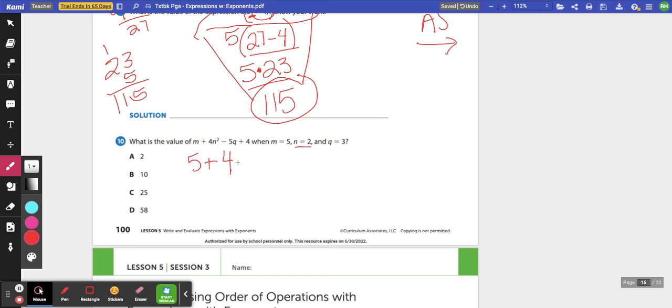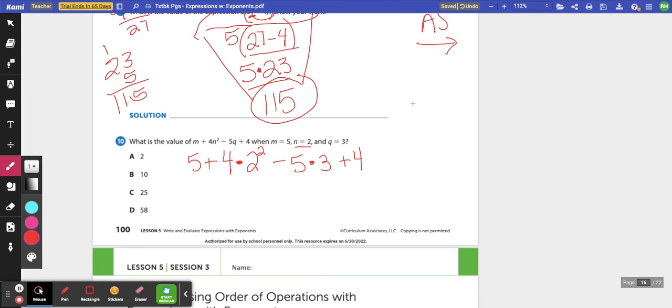I'm going to write 4 times 2 squared. Or you could do parentheses if you want, but you have to make sure that you're multiplying 4 times n squared. Then I'm subtracting 5q, and I know q is equal to 3. Again, it's not 53, it's 5 times 3. And then there's a plus 4 at the end. So we've got a pretty long expression here.